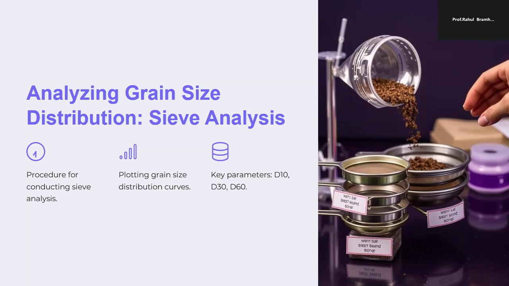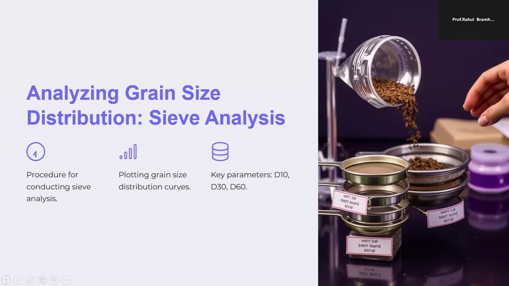Sieve analysis consists of three main components: the procedure for conducting sieve analysis, plotting the grain size distribution curve, and finding the key parameters D10, D30 and D60. These procedures are carried out for finding the grain size distribution.